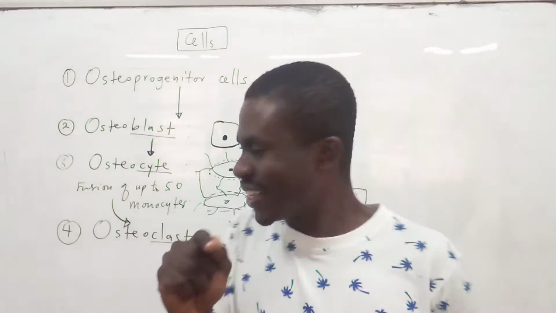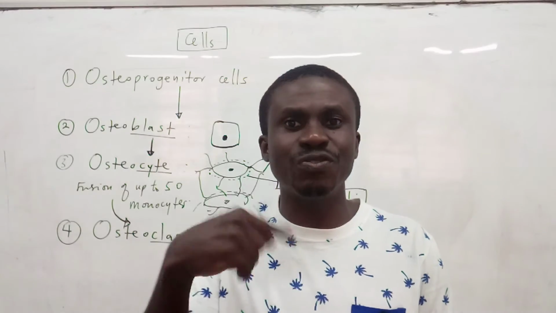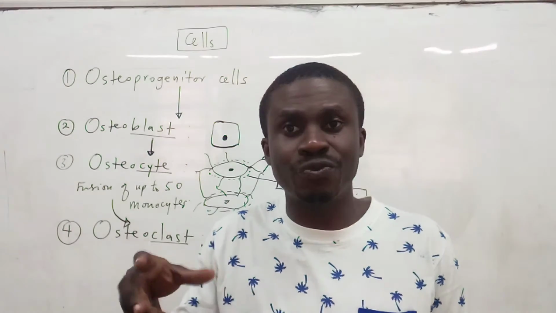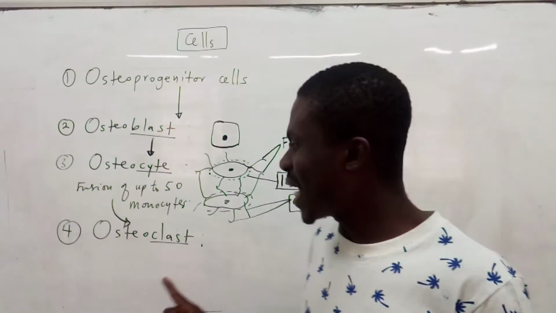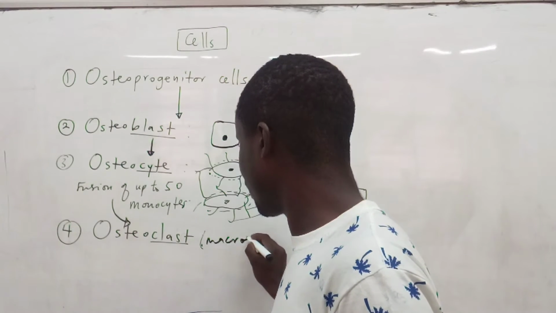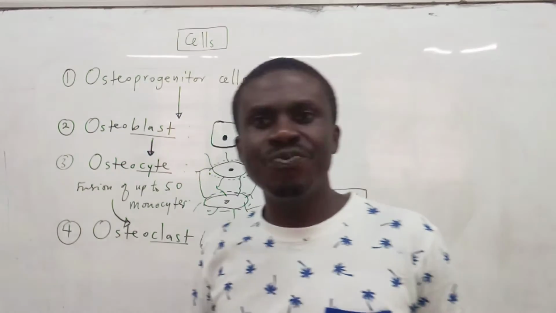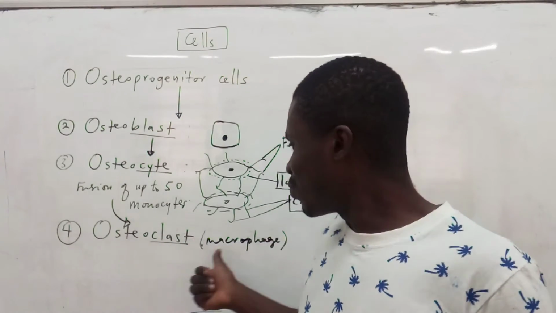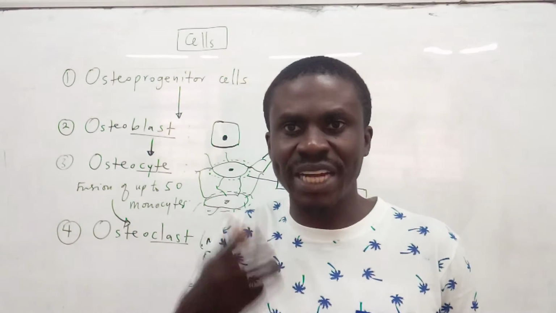Now, whenever this monocyte moves into any other connective tissue other than the peripheral blood, and remember, blood is also connective tissue, so whenever it moves from the blood into any other connective tissue, the name will change. It will become what we call macrophage. Now, in other words, the osteoclast is what we call the macrophage of the bone, for bone resorption, bone breakdown.